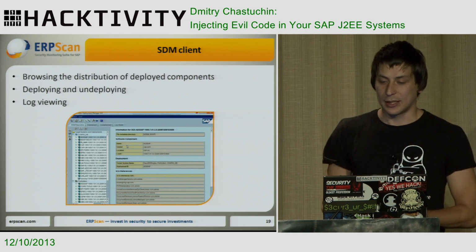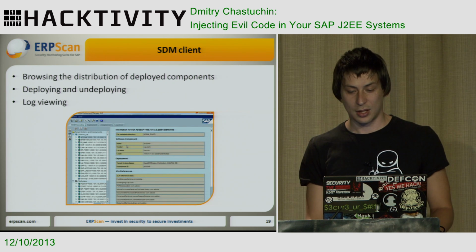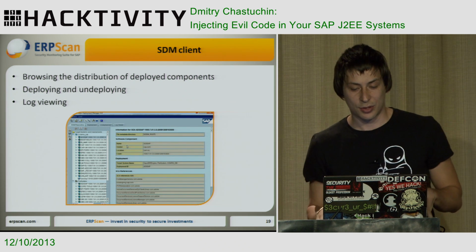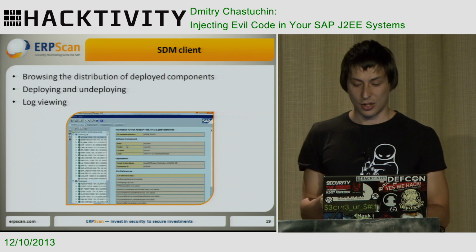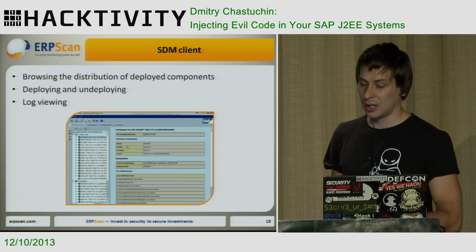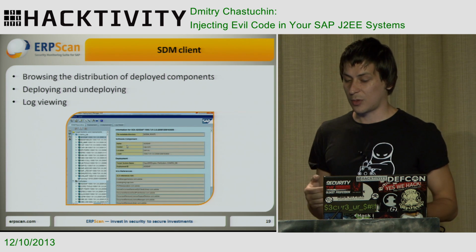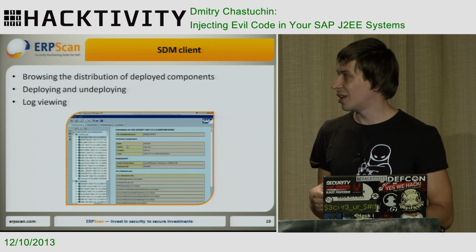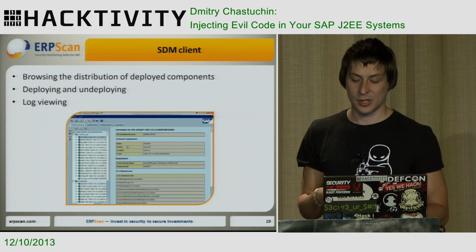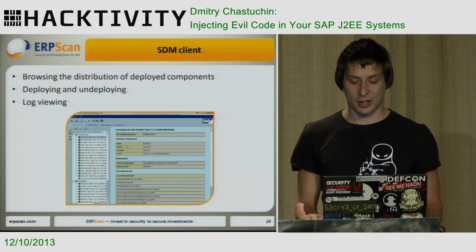Okay, let's look at the SDM client. This is a Java application. The SDM repository stores information about the registered software component archives and software deployment archives. All these we can call just software deployment units, but I will use the word application for better understanding.